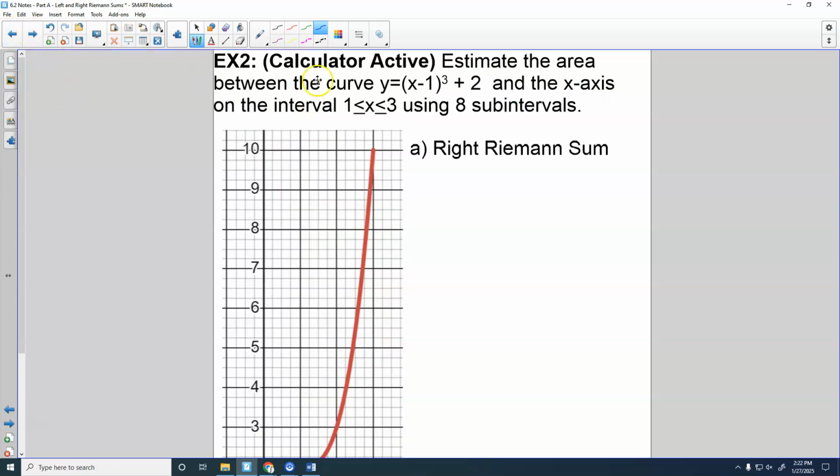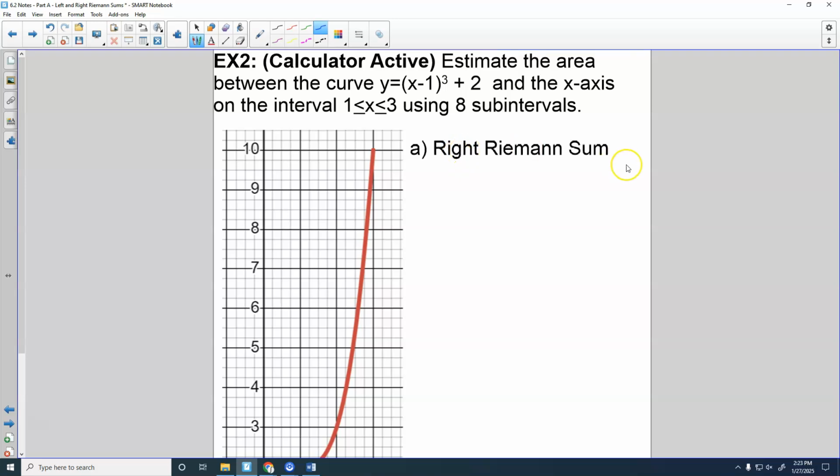So whenever example 2 asks us to estimate the area between the curve y equals x minus 1 to the third plus 2, and the x-axis on the interval from 1 to 3, we're supposed to use 8 sub-intervals.